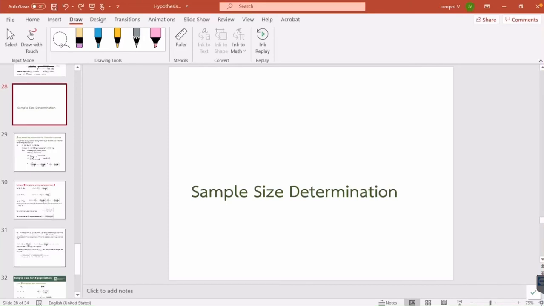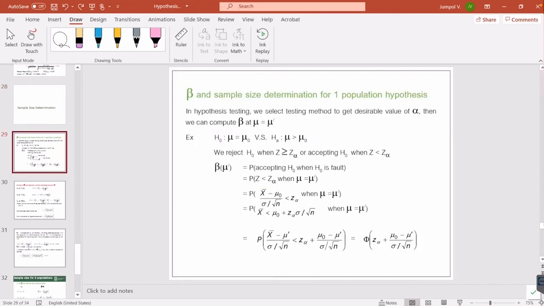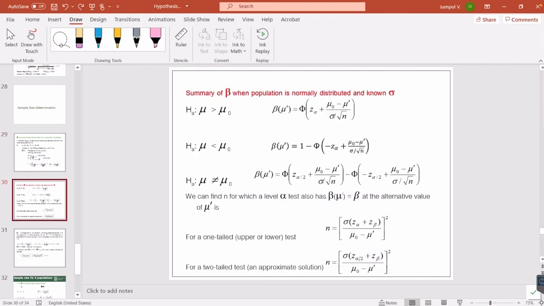For the sample size determination, first is the determination for one population, and this is the proof of the formula, which is a little messy. So instead of going through all this, we just remember that we need to use this formula to compute the number of samples.